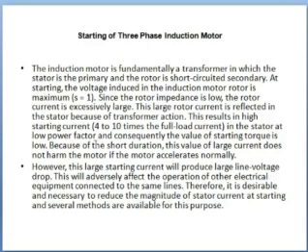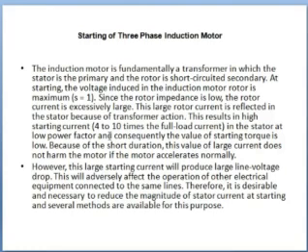For an induction motor, the starting current is 4 to 10 times the full load current of the machine. So we need a method to start the induction motor so that we can maintain the starting current in the normal range. We have already studied that there are two types of induction motor: one is the slip ring induction motor and the other is the cage induction motor.